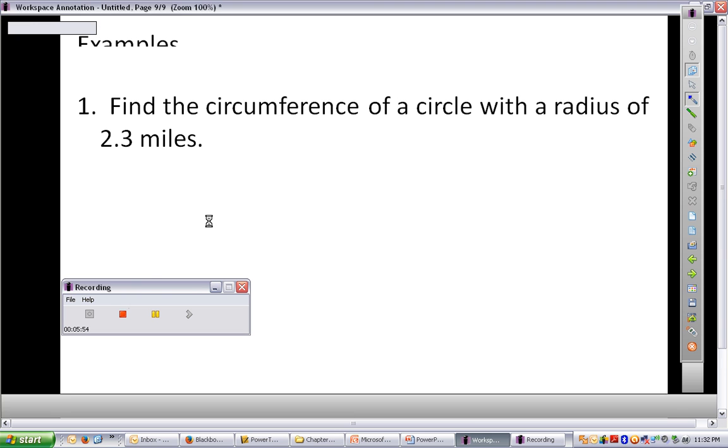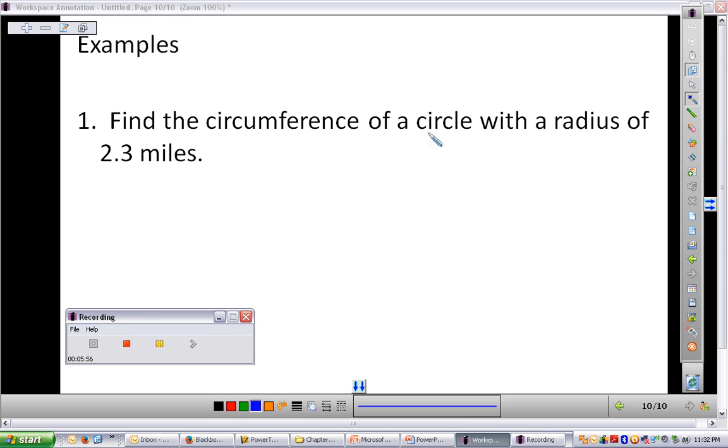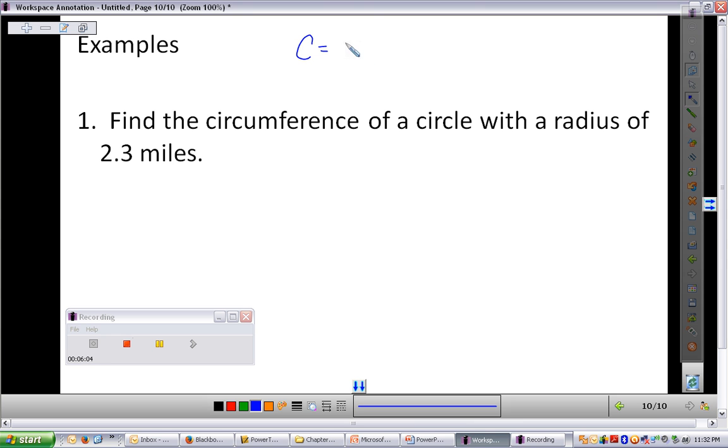So a few examples now. I want to find the circumference of a circle with a radius of 2.3 miles. Again, for circumference, we have two separate formulas. Circumference is going to equal 2 times pi times the radius, or circumference is going to equal pi times the diameter.